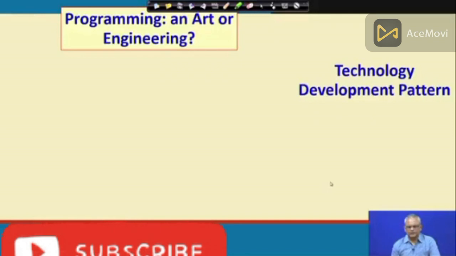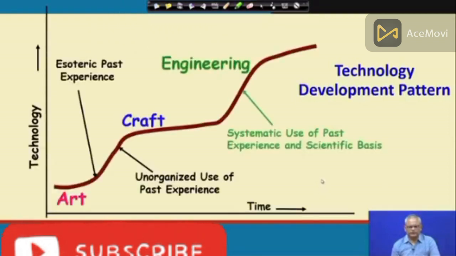Now, let us look at how technology develops for any specific domain, whether it is steel making or paper making. If we look at the technology development pattern, initially somebody comes up with some idea and a solution.